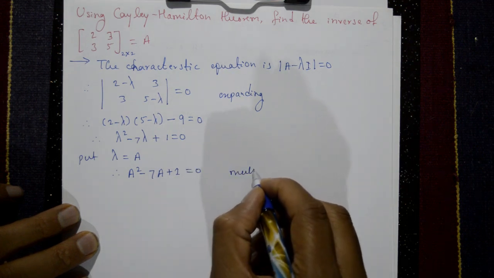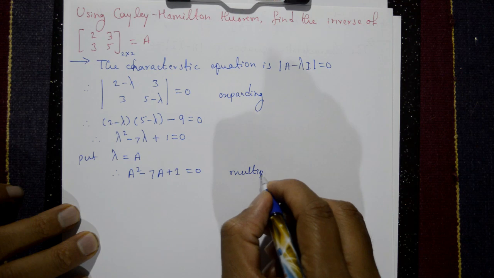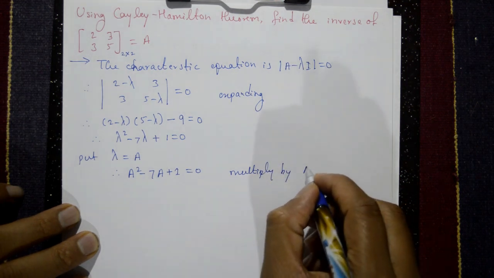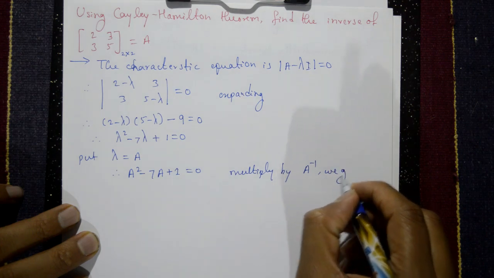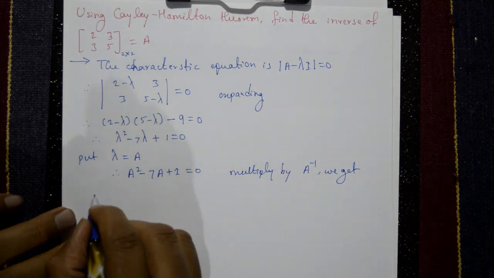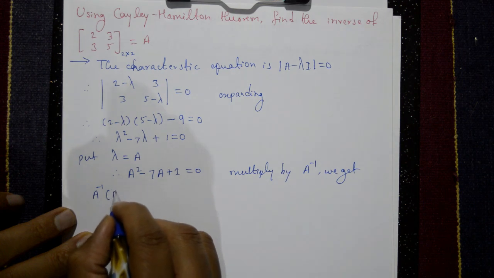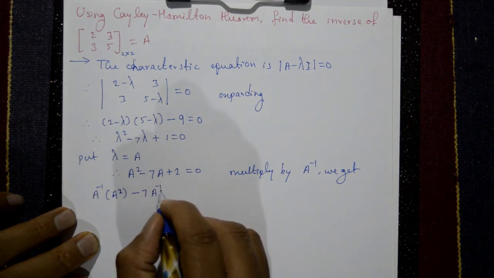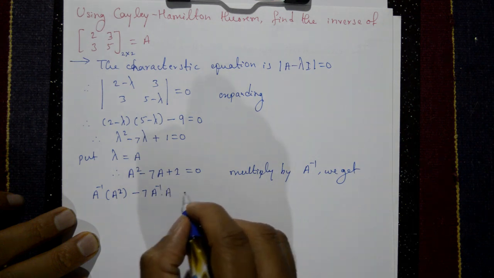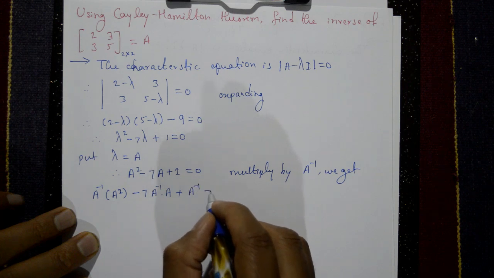Multiply by A inverse. We get A inverse into A square minus 7 A inverse into A plus 1 into A inverse equal to 0.